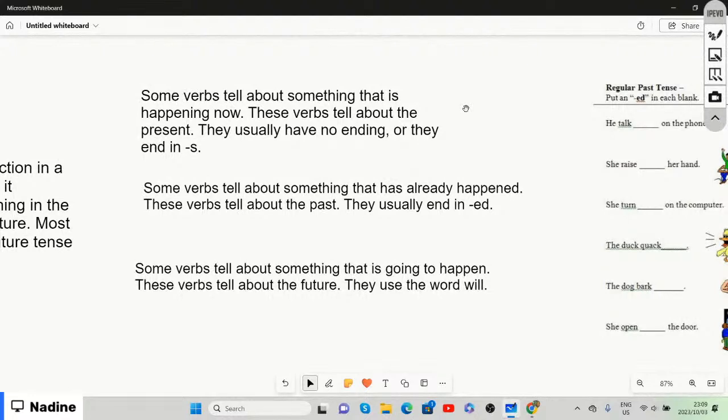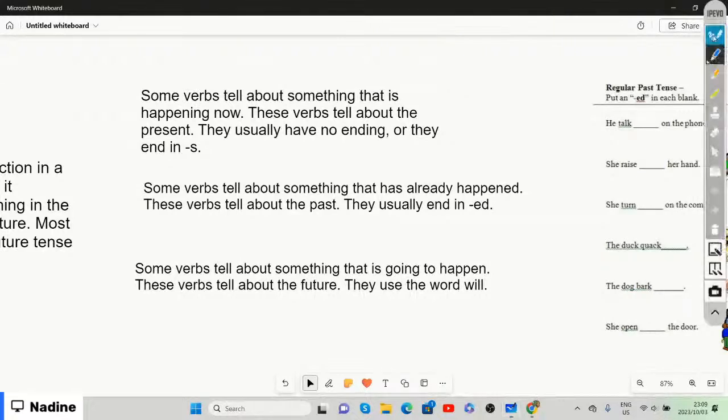If you are talking to someone, then you are talking to someone now. And I can also say that I am talking or I'm teaching. That is something that is happening now. So some verbs tell about something that is happening now, and we call that the present. So these verbs tell about the present. They are basically happening now.